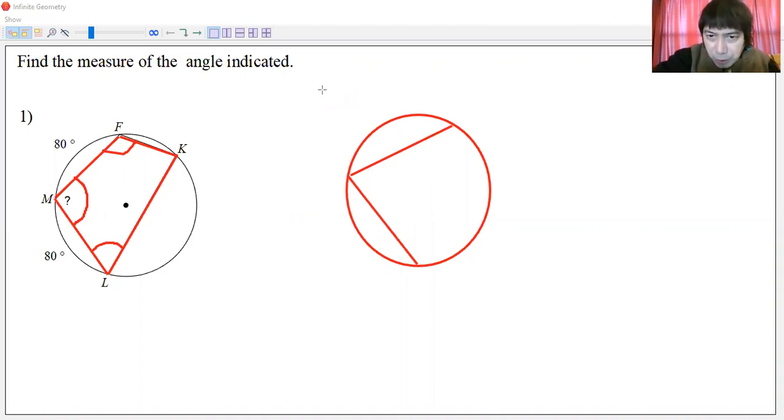Now, there's the central angle over here. If this is A, then the measure of this is 2A.